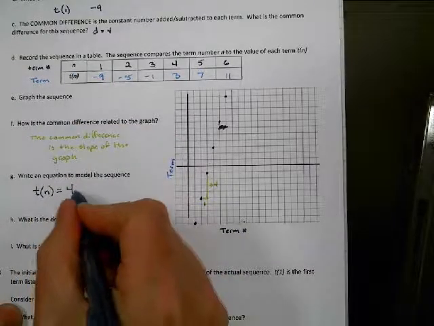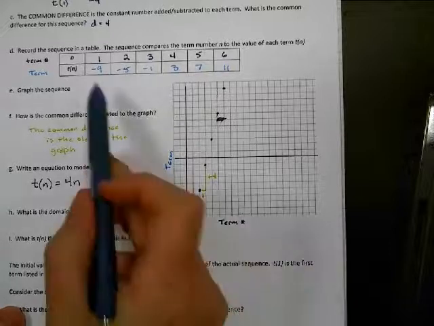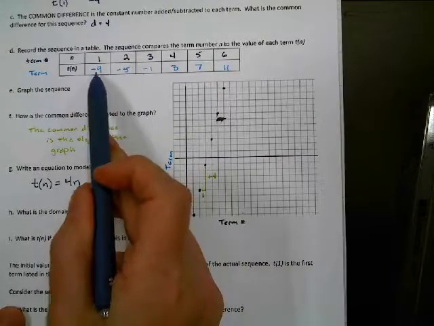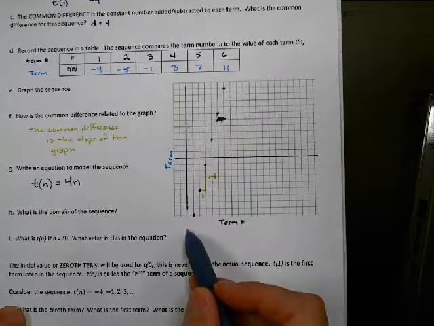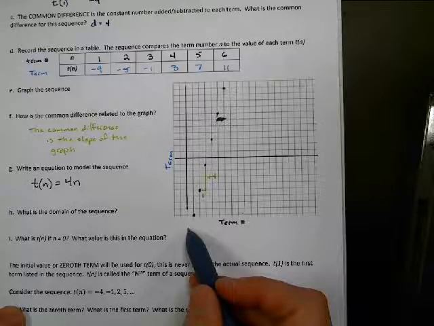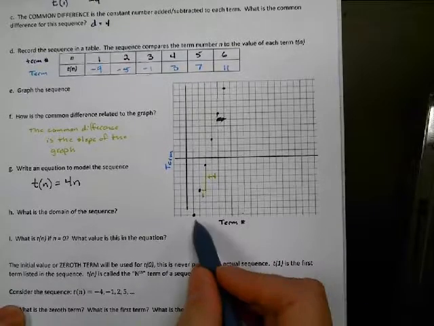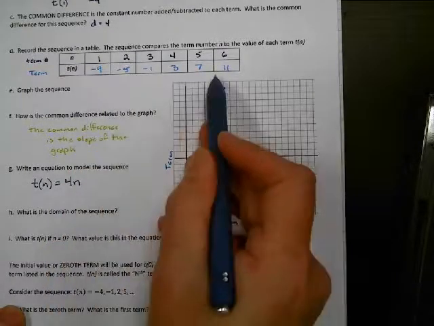Now we just have to see where that would start on our graph, and it doesn't start at -9. Because remember, where we cross the y-intercept, that is where x is 0. There's technically not a 0 term. But we could just subtract 4 from this term right here, because if we were adding 4 this direction, we could subtract 4 going the other direction.